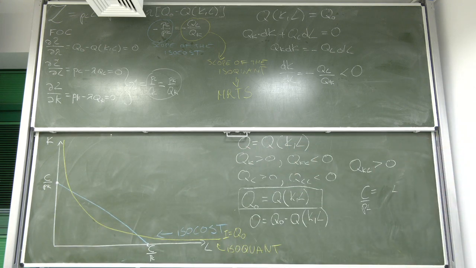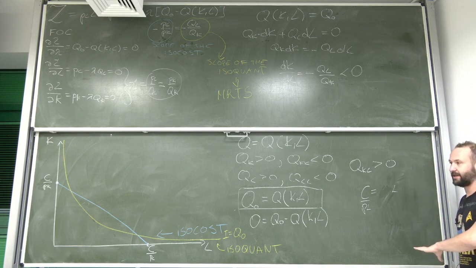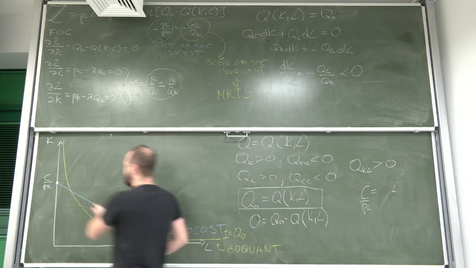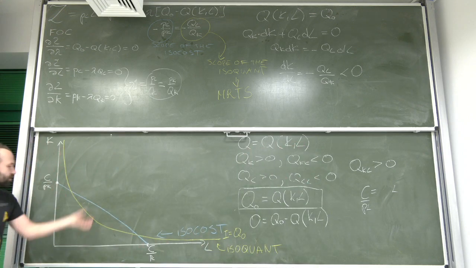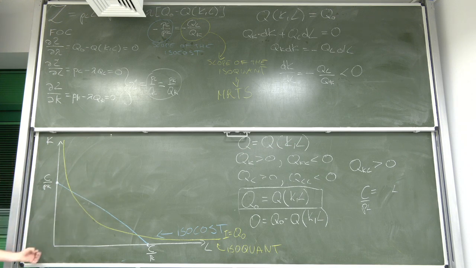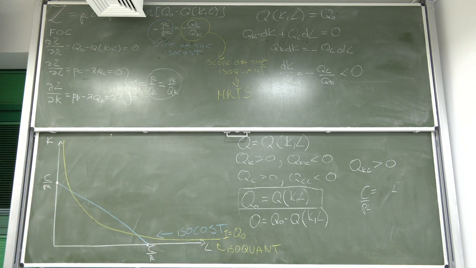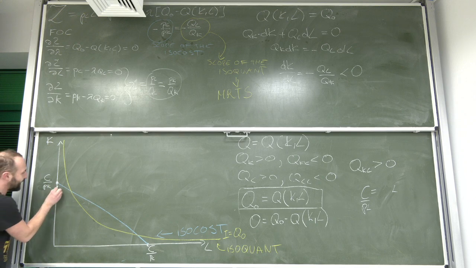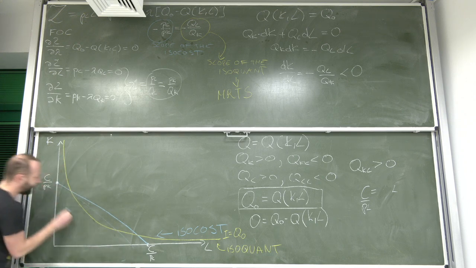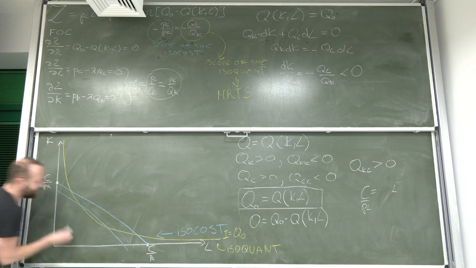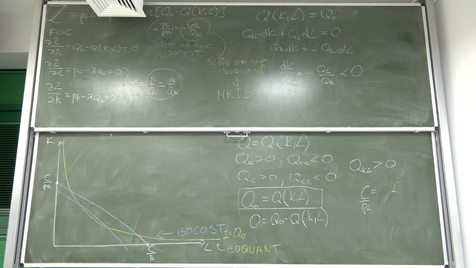However, now we're doing a different scenario. Look, first we look for a minimum, right? So we want to make the cost as small as possible. So we are going to be trying to move cost downward. And in this context, of course, the level of production that we want to achieve is given. So this stays and does not move. In other words, we would be trying different isocost lines.